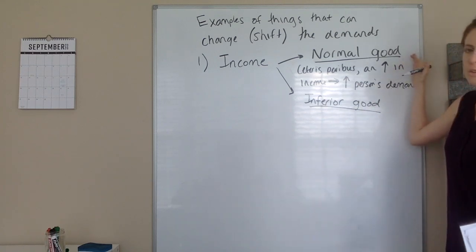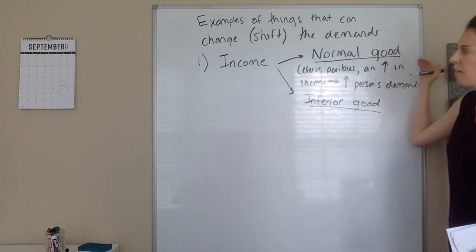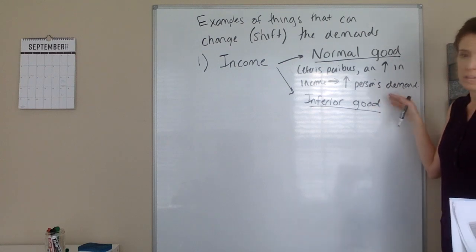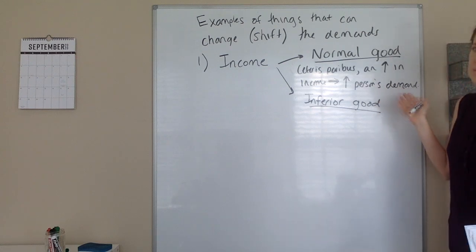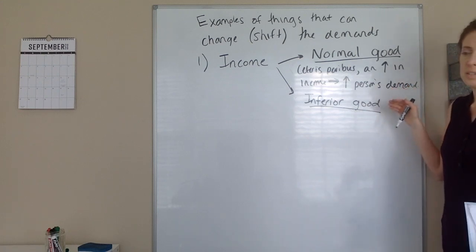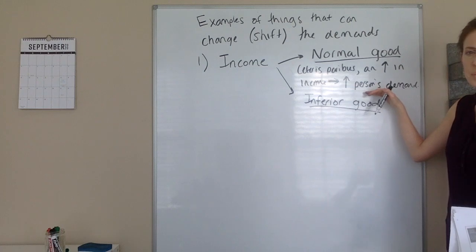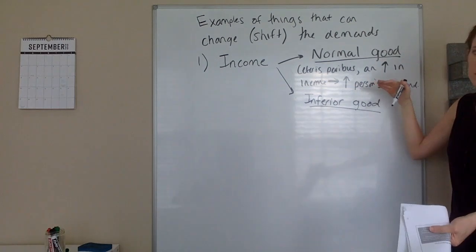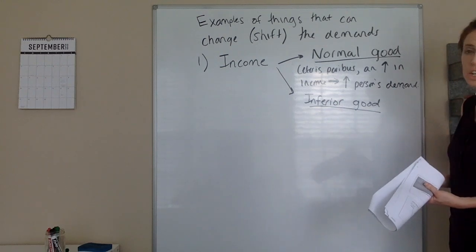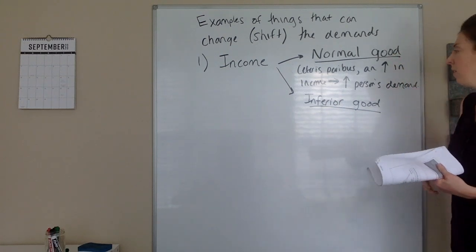For example, cars are normal goods. If you have a person and you give them a higher salary, their demand for cars increases. They want to buy another car because they've got more money. Again, this is true for most things. For most things, if you make a person richer, if you make their income go up, then they want more of the thing. So anytime that characterizes a good, that good is a normal good.